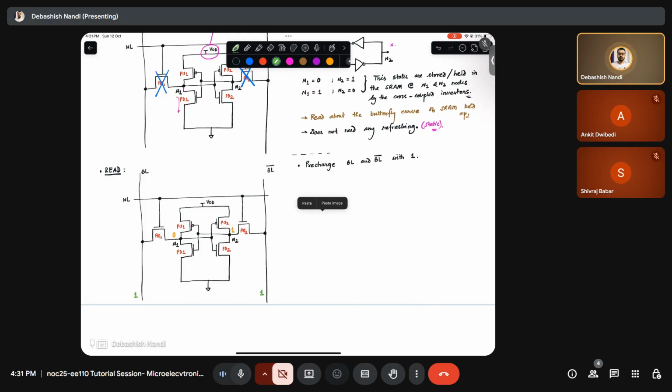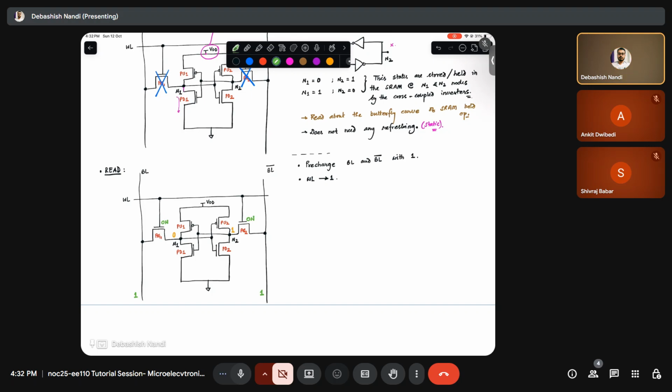Then what I'll do? I'll make my word line go to 1. So that means what? This is on, this is on, these two transistors are on, PG1 and PG2. And what can you say about your PU1, PU2, PD1 and PD2?